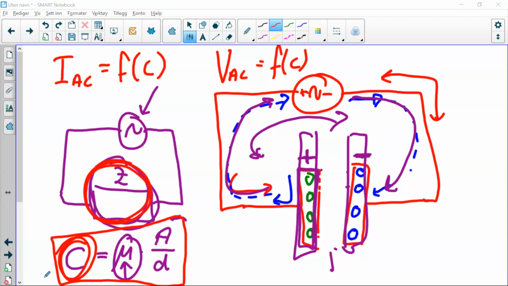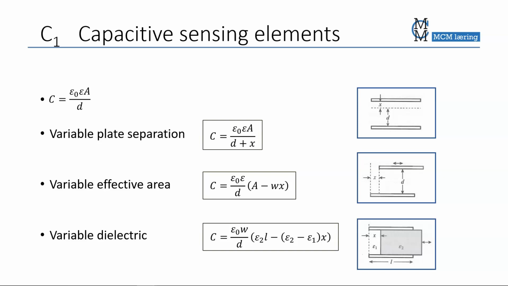Now, what can we do? We can do three things. We can manipulate the plate separation. We can make the plates come closer to each other and further away from each other, and that would manipulate the d in that equation.